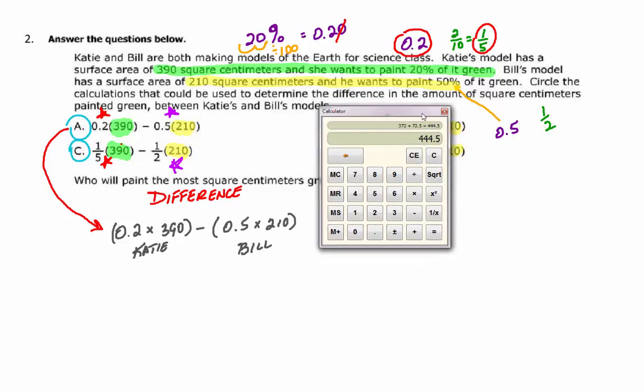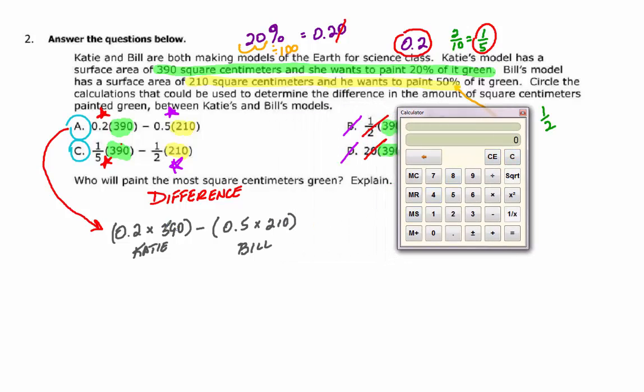You should be using a calculator when you do these, real tools for real problems. 0.2 times 390 is equal to 78. So Katie has 78 square centimeters minus 0.5 times 210 equals 105 square centimeters.